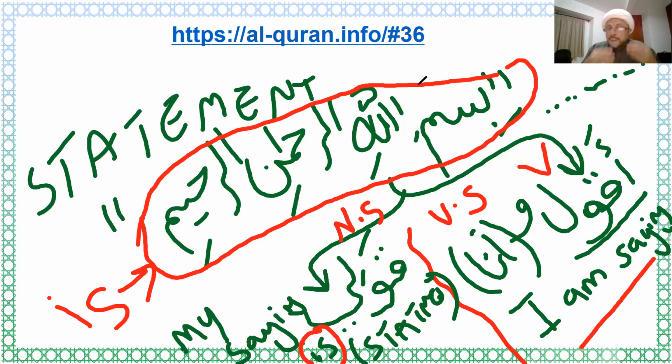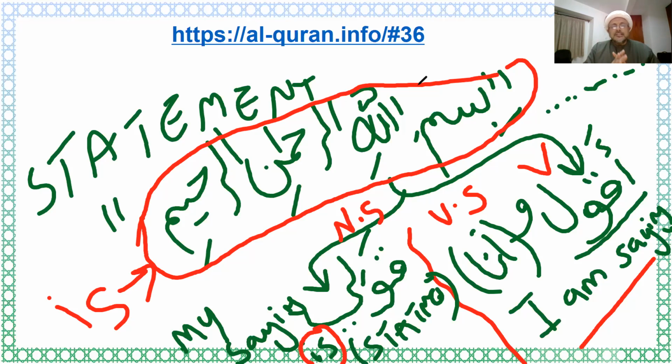So do we have a predication now or not? My statement is Bismillahir Rahmanir Rahim. Qawli Bismillahir Rahmanir Rahim. Now there is an implicit verb here, inshallah we'll take it in future.